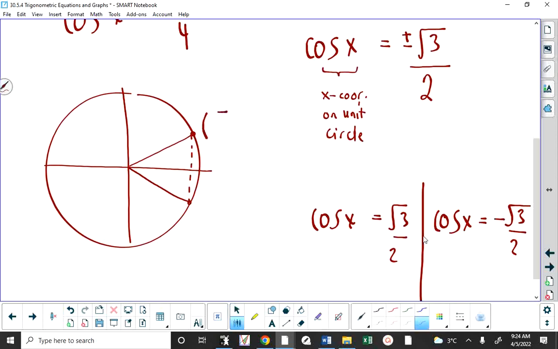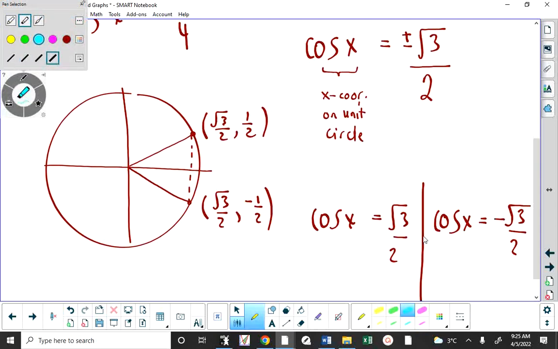This would be a coordinate pair of root 3 over 2 comma a half. This would be a coordinate pair of root 3 over 2 comma negative a half. But those two locations satisfy the first equation.